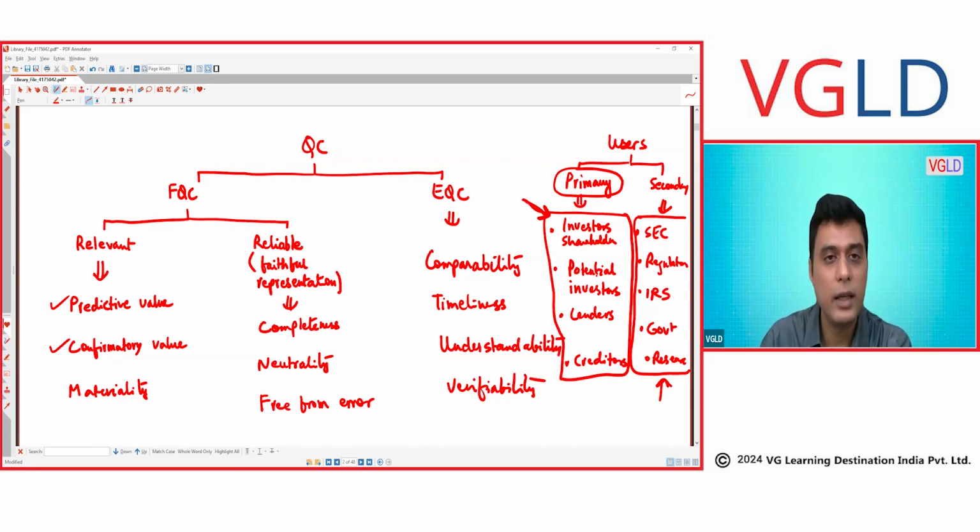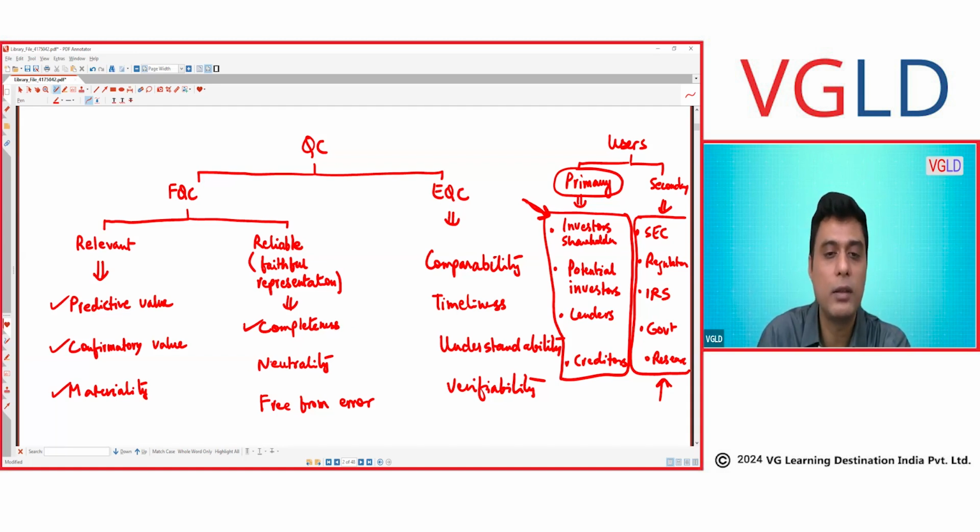If their decision is getting influenced, that is material information. So all the material information must be present in the financials, right? And that also relates to completeness. Completeness also means that anything that is material to the users must be captured and presented. It should not be left out.